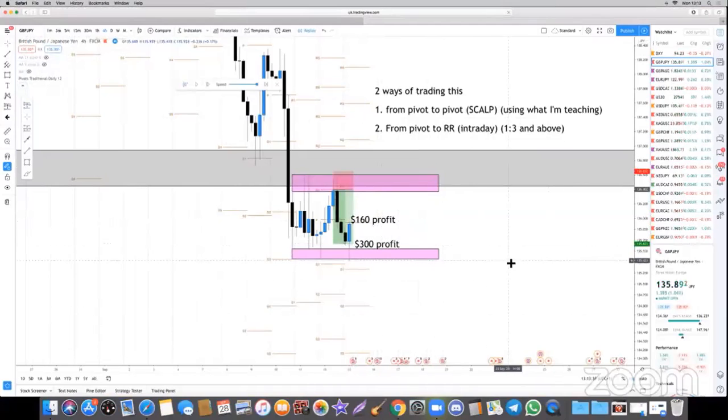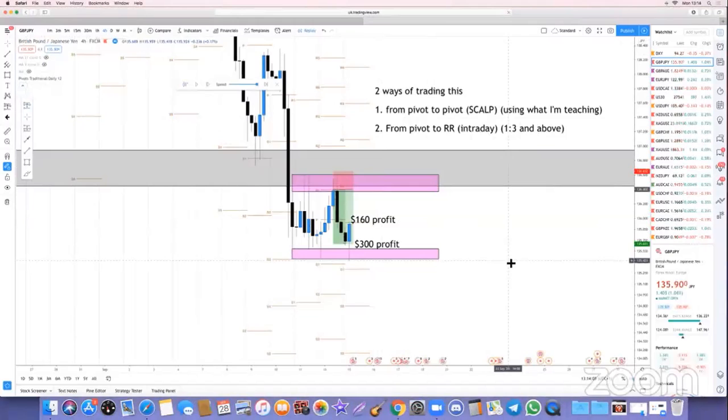Guys, if you understand the difference between the scalp trade and the risk to reward trade, the bigger trade, aka the intraday trade, throw a 1 in the chat box. One was a scalp, pivot to pivot, and the other was an intraday trade. It was a 3-to-1, it was bigger. First trade was $160 profit, and if you didn't go for the first trade and went for the second one instead, you would have made $300 profit.